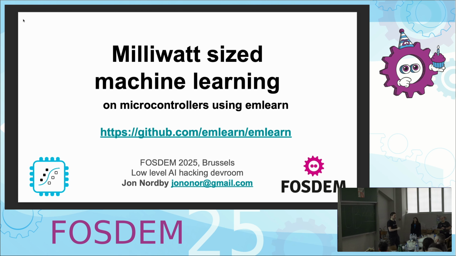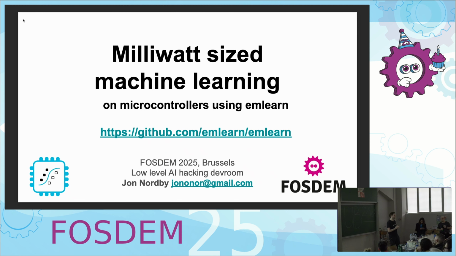ARM has standardized SIMD instructions for the Cortex M4 that is quite useful. It can give you like a 4x benefit on neural network type problems. And then there's Helium that is coming. They standardized it like 4 years ago, but the devices are not really out there. Then on the ESP32, there's the S3, which has a bunch of smaller vector instructions.